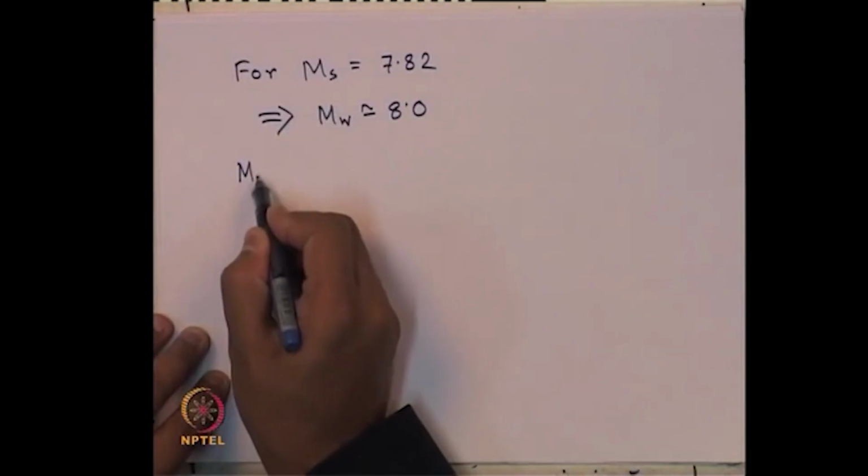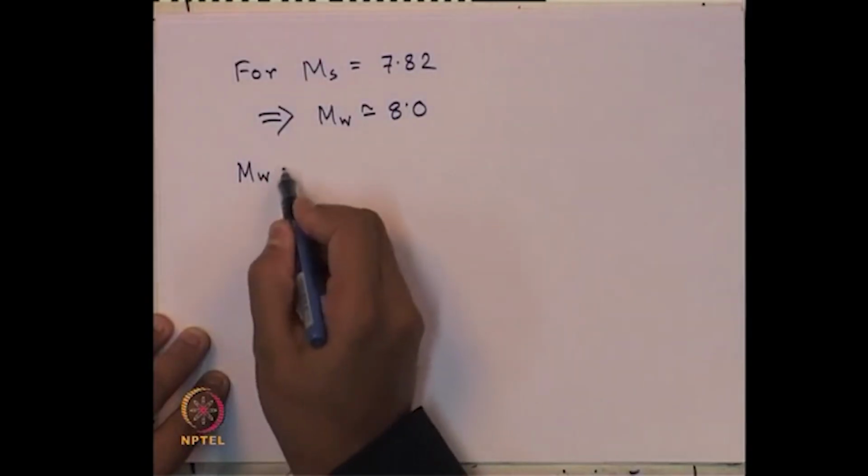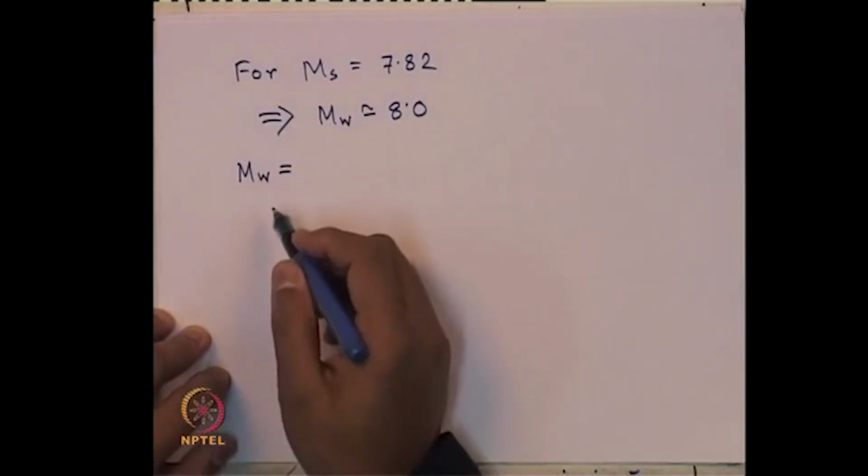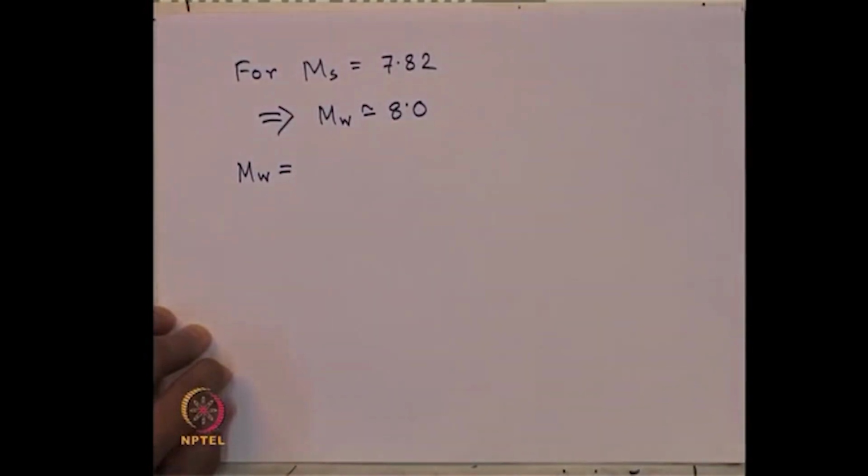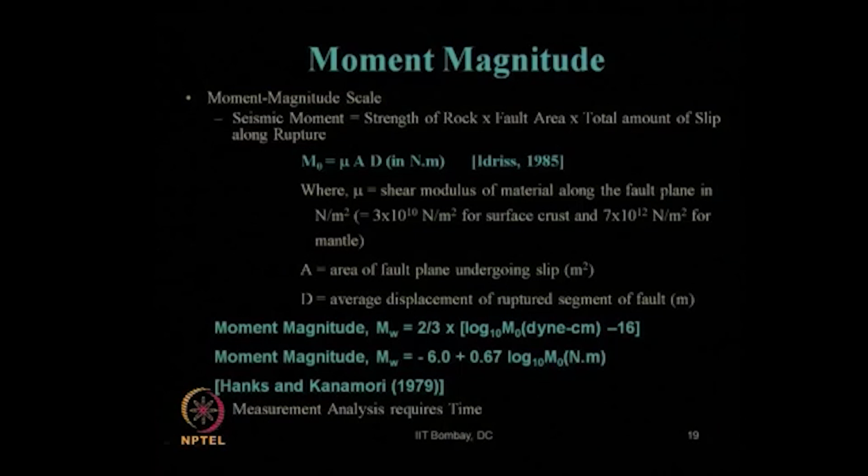Now, what is the expression next we need to use? The Hanks and Kanamori expression of 1979. So, let us go back to the slide now. This is the Hanks and Kanamori expression of 1979 for Mw with respect to M naught in Newton meter unit. Mw equals minus 6.0 plus 0.67 log to the base 10 of M naught, where M naught is in Newton meters.